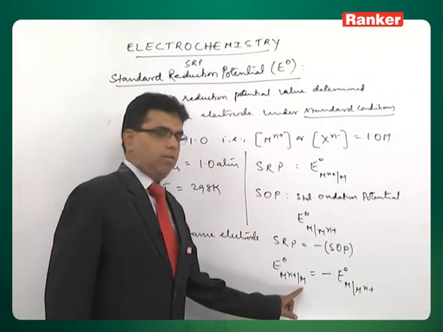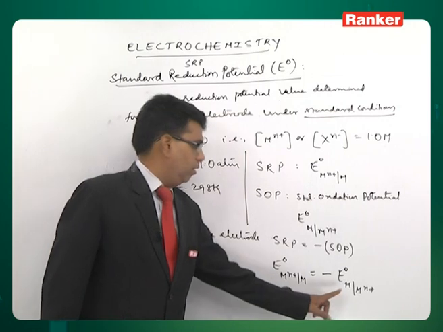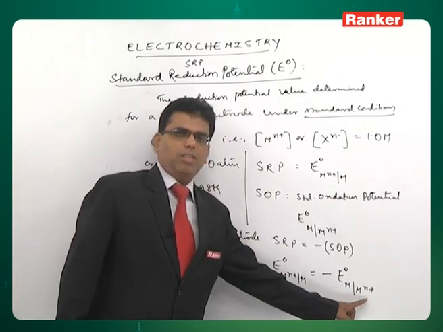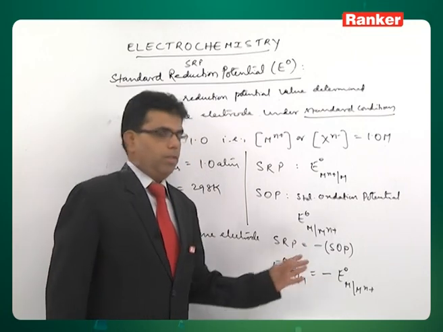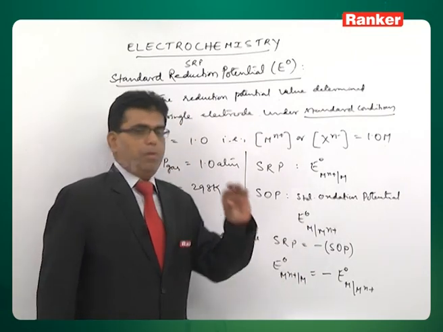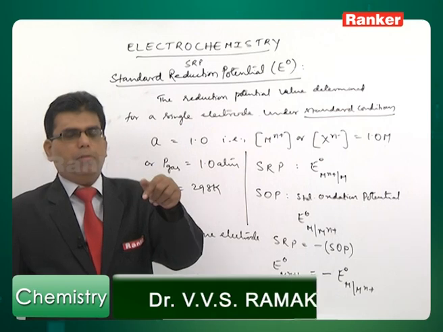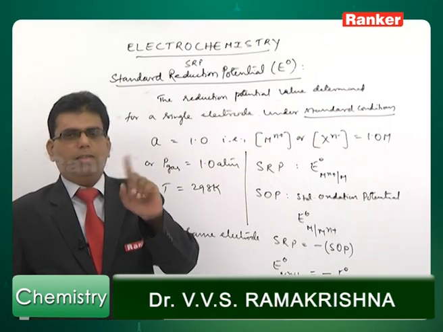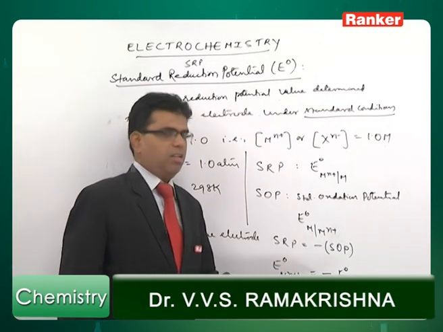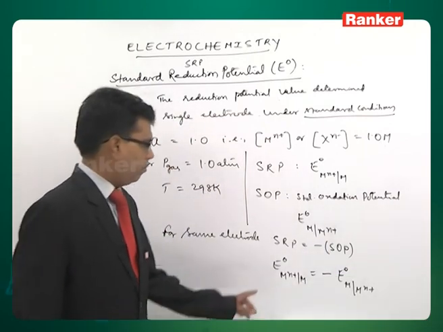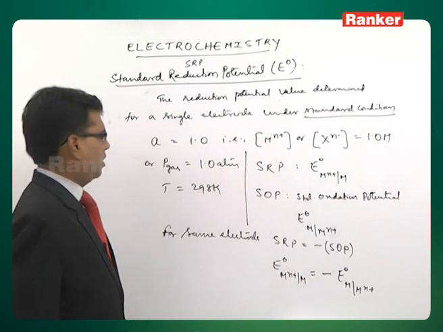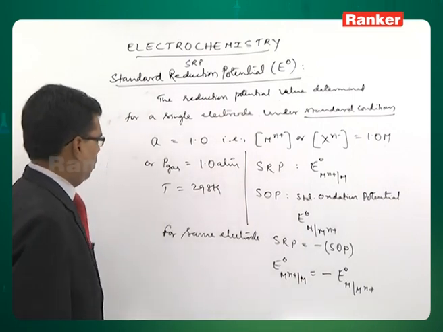This represents reduction, Mn plus to M, and M to Mn plus is oxidation. So, this will give exactly the opposite reaction. The magnitude of the potential will be the same, but as the electron transfer is in the opposite direction, it will come out with the opposite sign. Okay. This is standard reduction and standard oxidation potential.